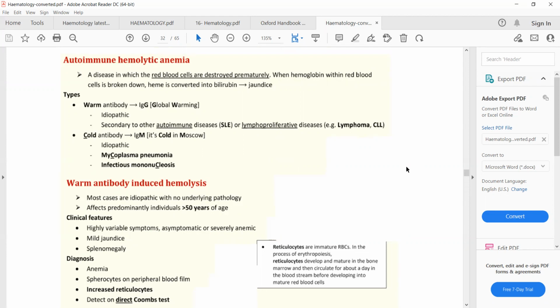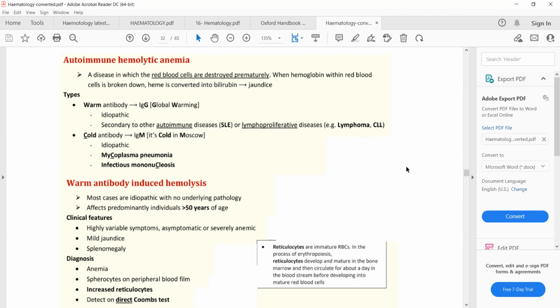And for cold antibody autoimmune hemolytic anemia, the first one is Mycoplasma pneumonia. We discussed in the respiratory chapter that Mycoplasma pneumonia is associated with erythema multiforme as well as autoimmune hemolytic anemia, the cold type.